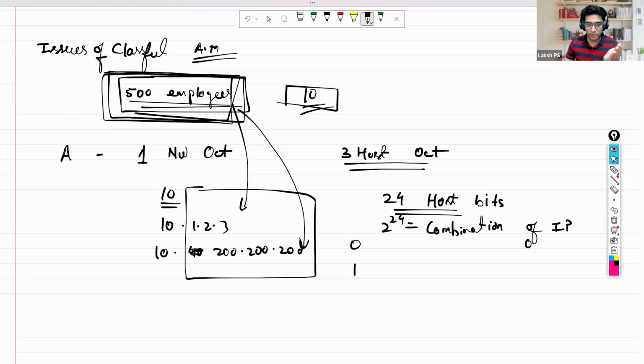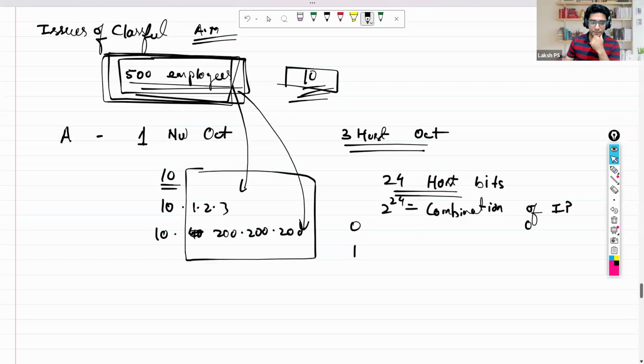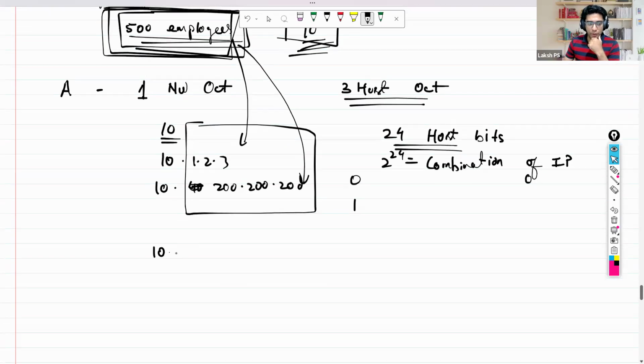The customer asked for 500 employees, and he said, I want the IP address to start with 10. We gave him that option. We said, okay, use the 10.0.0.0 address space.